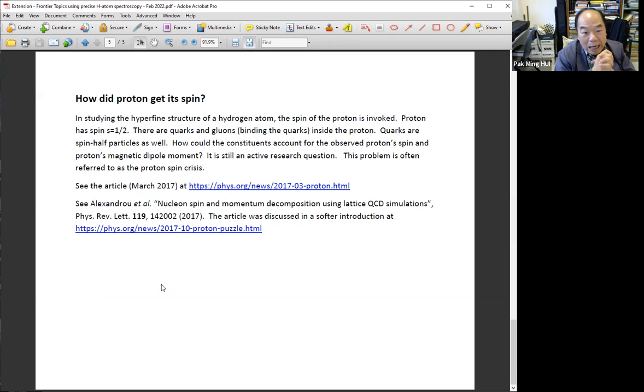Another problem, I don't know much about it, is how the proton gets its spin. Where does its spin come from? Of course, we know there are at least three quarks and some gluons in it, and quarks also carry spin. So how can the sum of the quarks' spins give rise to the proton being spin half?